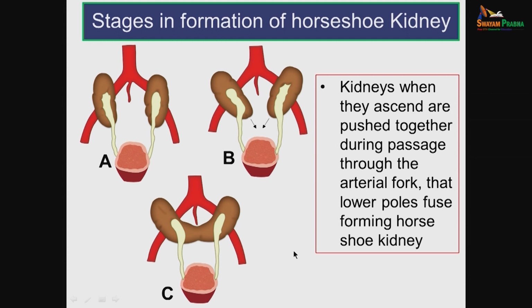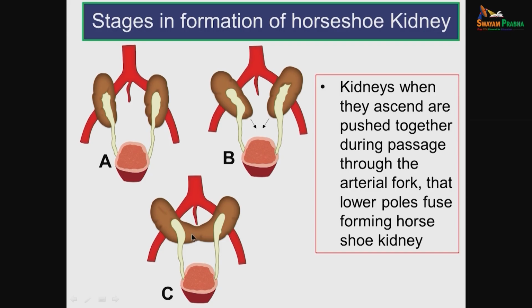When they ascend, they pass through an arterial fork formed by the umbilical arteries. In this process, sometimes you can see in this picture that the inferior poles are fused. Inferior poles are fused to form the horseshoe kidney.